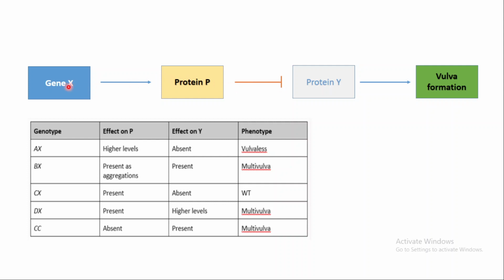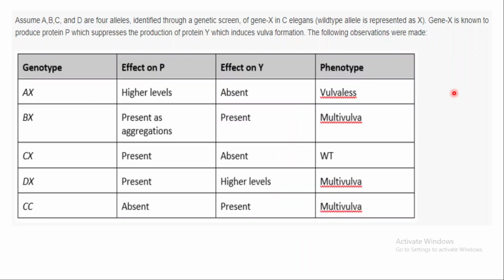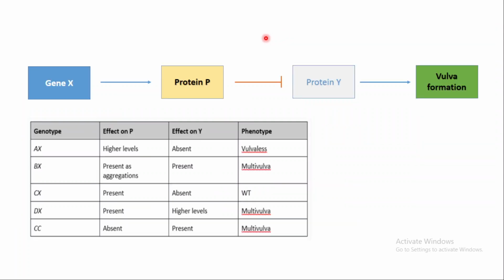We have a gene X which produces a protein P. Protein P inhibits the production of protein Y, while protein Y is responsible for vulva formation. Understood? This is the statement. Gene X is known to produce protein P, which suppresses the production of protein Y, which induces vulva formation.